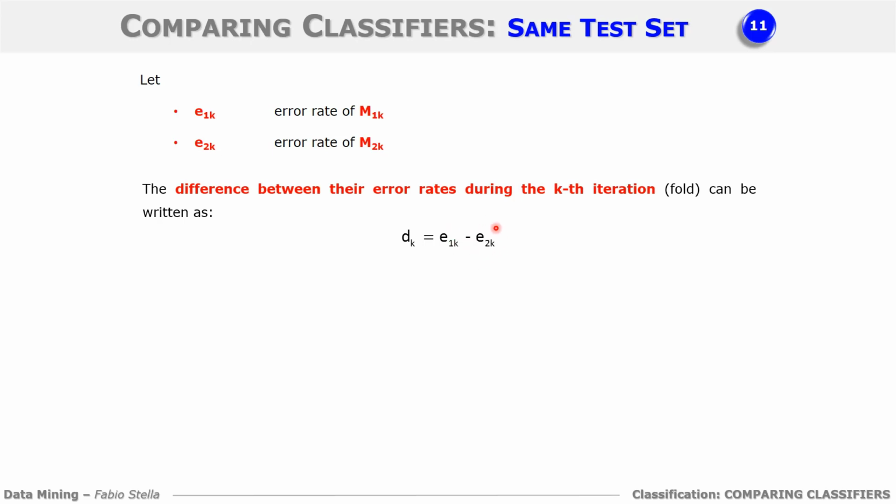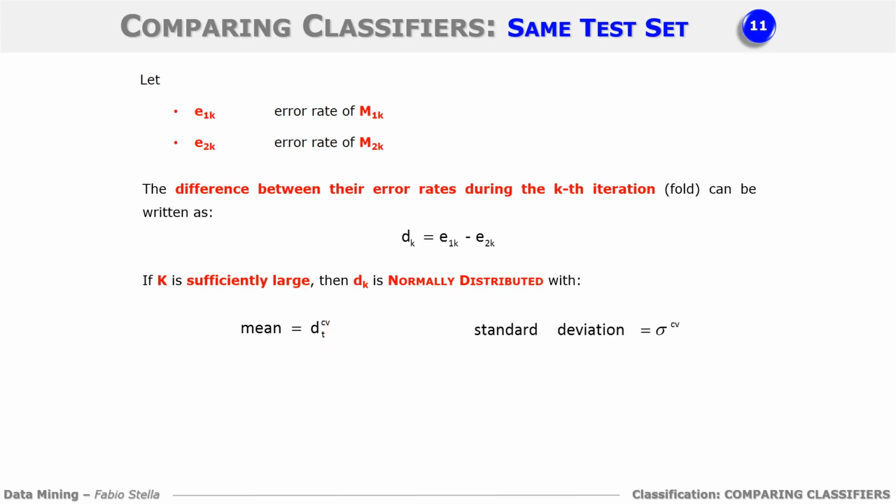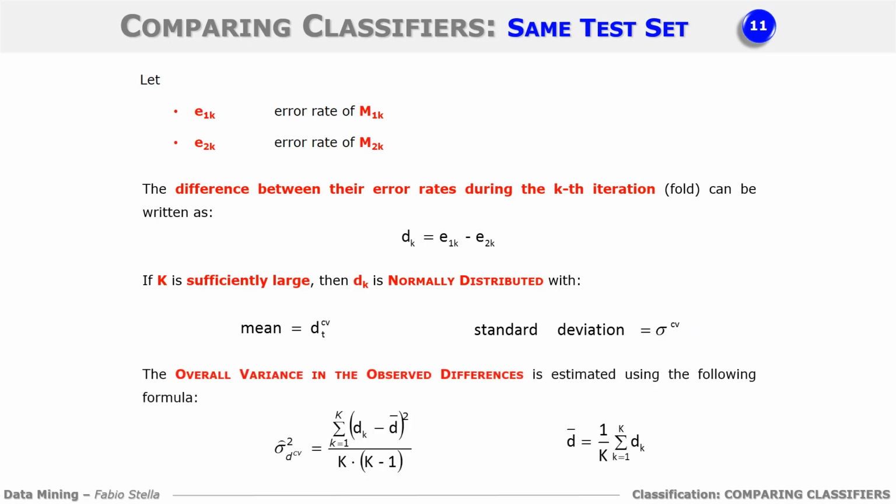The same applies to e2k, which is the error achieved by the model M2 at the kth iteration. If capital K is sufficiently large, then dk is normally distributed with mean equal to d true CV and with standard deviation equal to sigma CV.